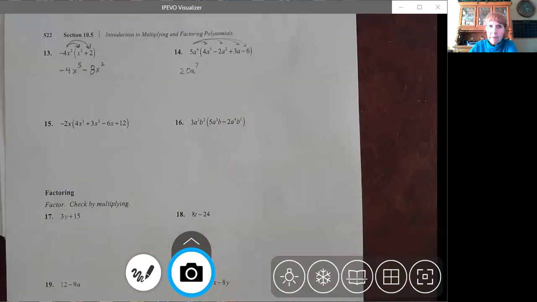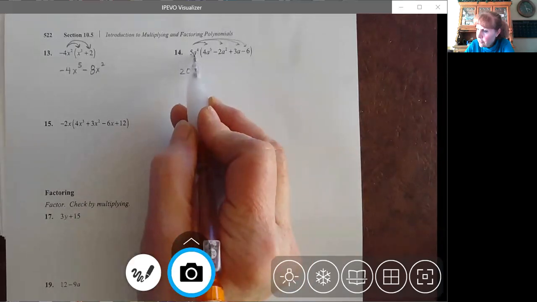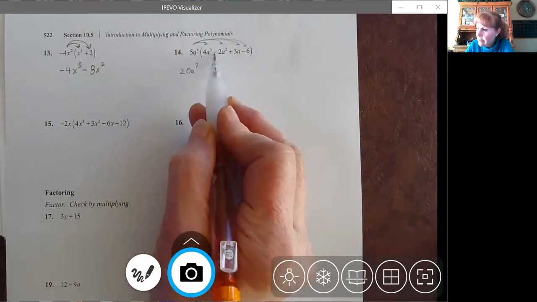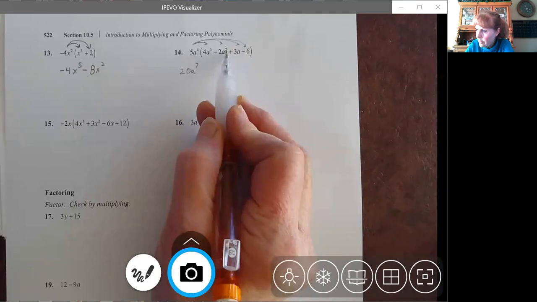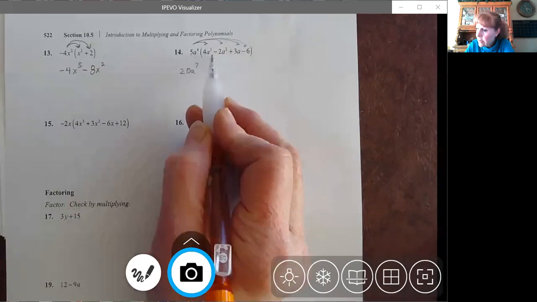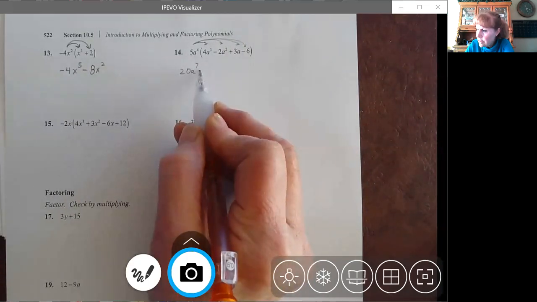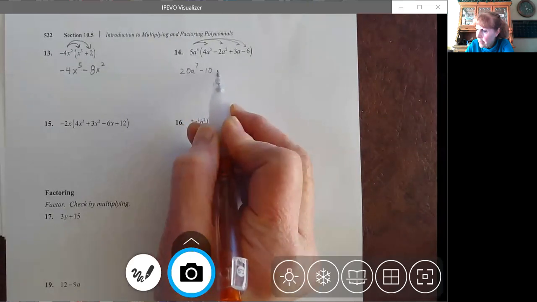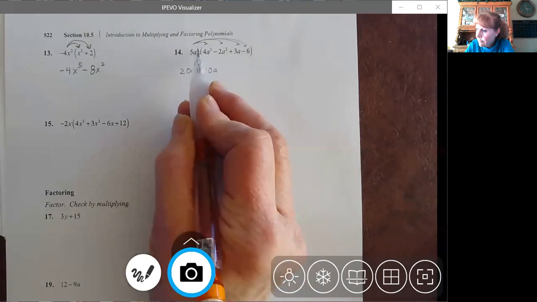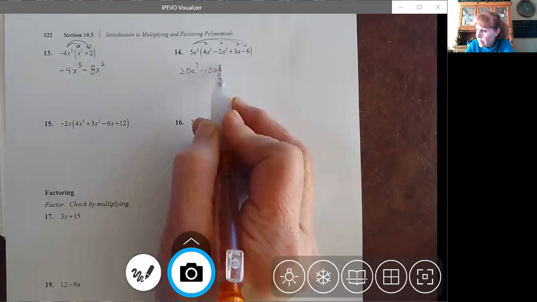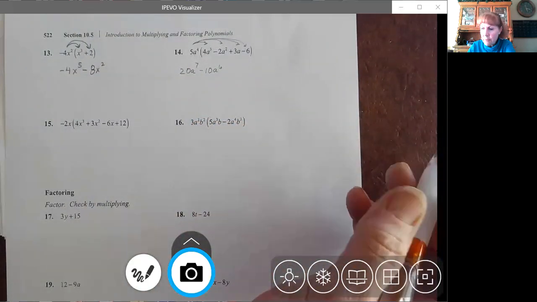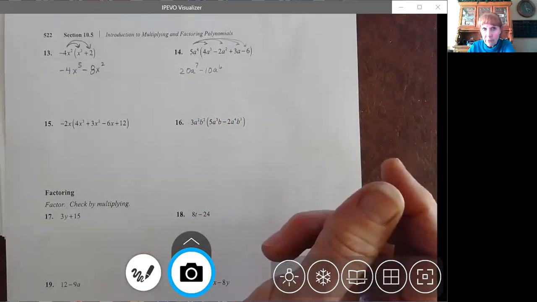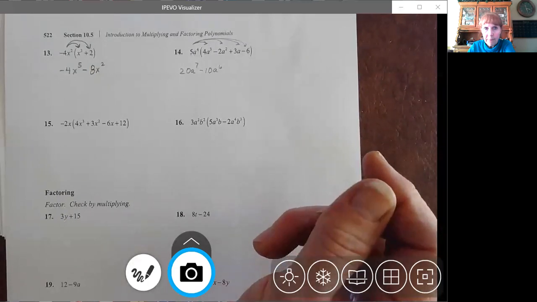Okay. Then we'll take 5a to the 4th times a -2a squared. 5 times a negative 2 is a negative 10. 4 plus 2 is 6. So you multiply coefficients, the numbers in front, but you add exponents.